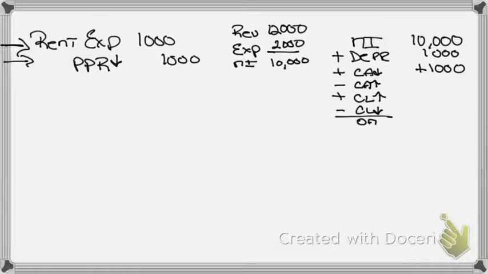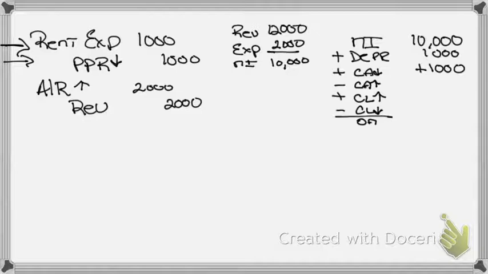Right? Another one would be if a current asset is going up, accounts receivable. Revenue, $2,000. So our accounts receivable is a current asset that is going up. Revenue went up by $2,000. So that increased our net income by $2,000.